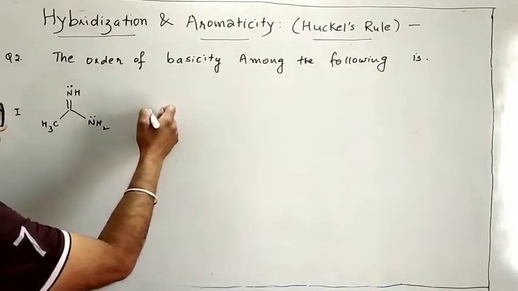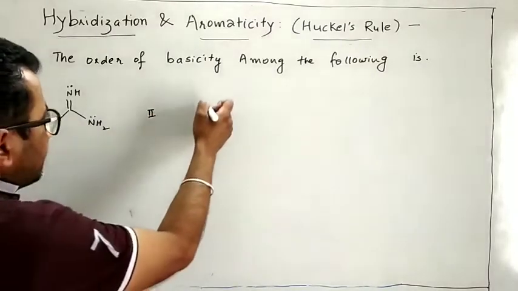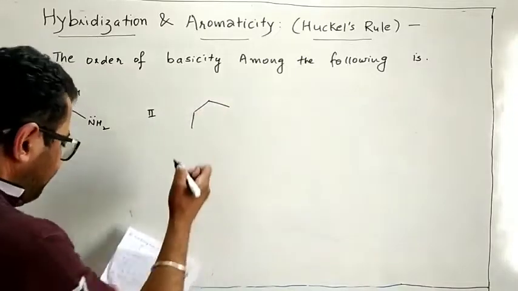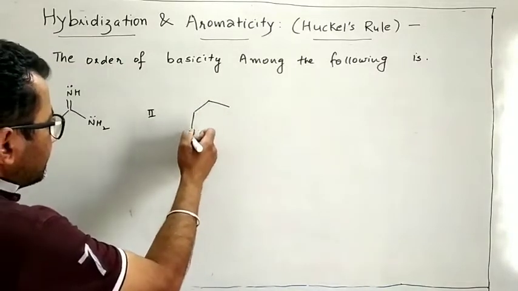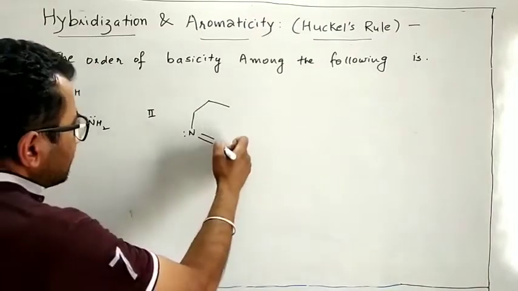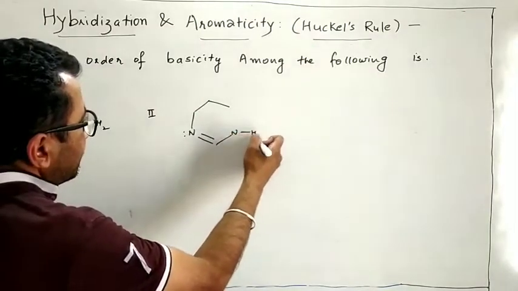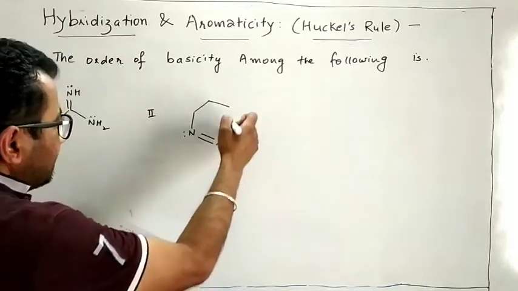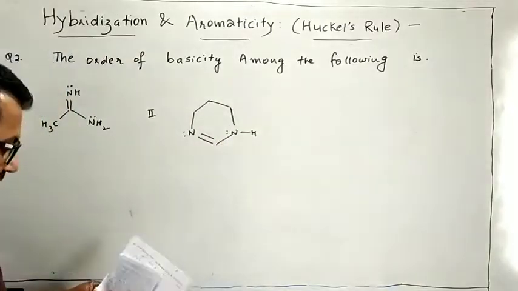The second compound given is a ring like this, a nitrogen atom with a double bond, and here is again a nitrogen atom, and it is like this.